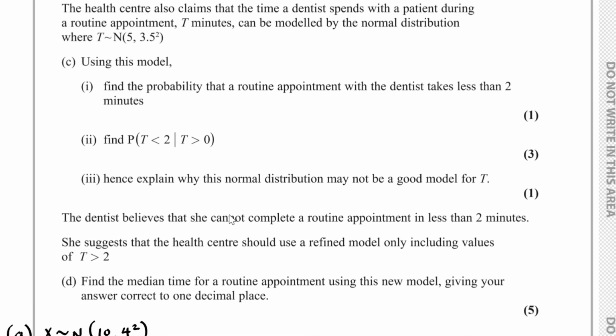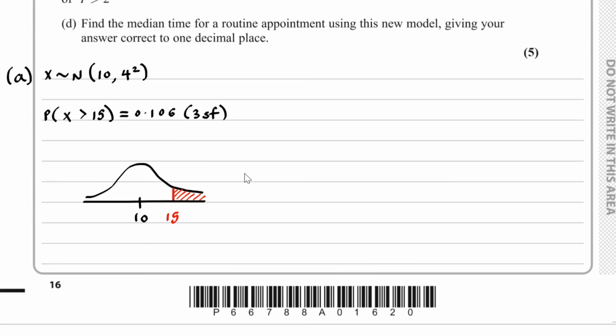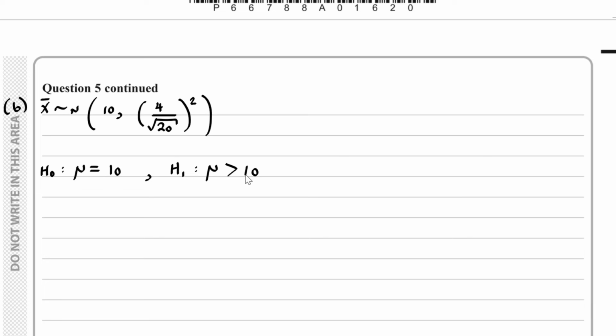And if we go to the question, the receptionist finds the mean time the doctor spends with a patient is 11.5 minutes. So if we find out the probability that x bar is greater than 11.5, we can then compare this with the 5% to test whether we accept or reject H0. So again, it's quite useful to draw a diagram to illustrate the problem.